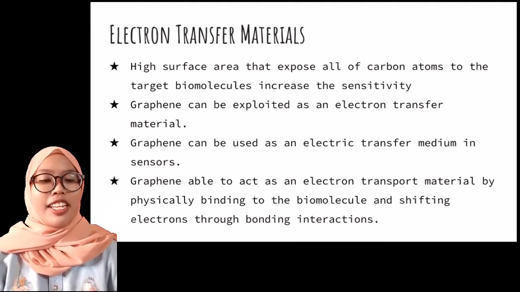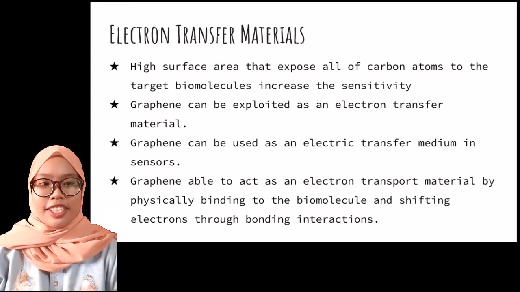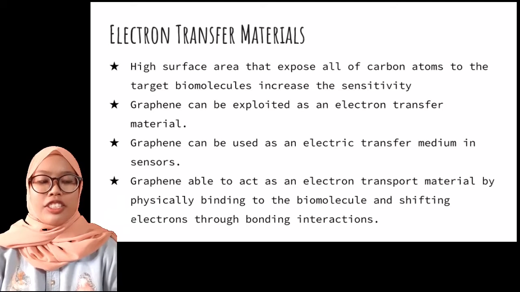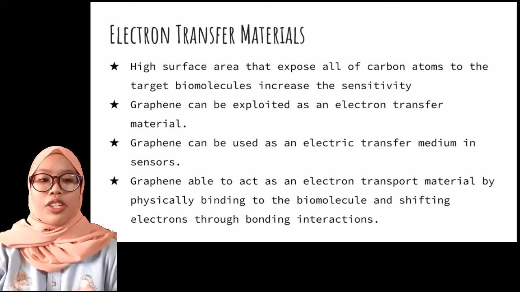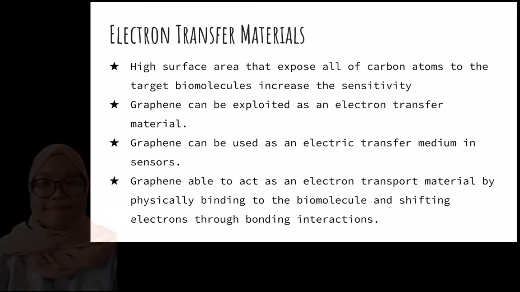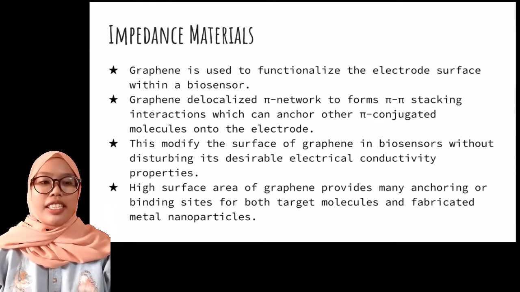After that, graphene can be used as an electric transfer medium in a sensor. Also, graphene is able to act as an electron transport material by physical binding to the biomolecule and shifting electrons through the bonding interaction.